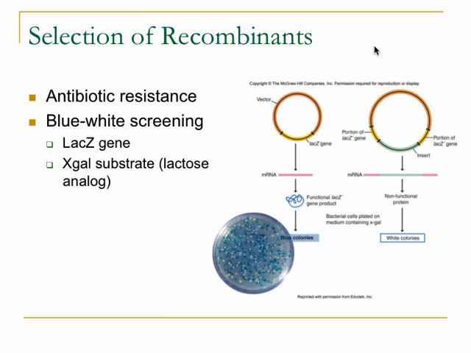So right away, you know you can then select a white colony just by using your inoculating loop to pick up just that one colony, put it in fresh media, grow it up. You have a pure population of your transgenic organism.